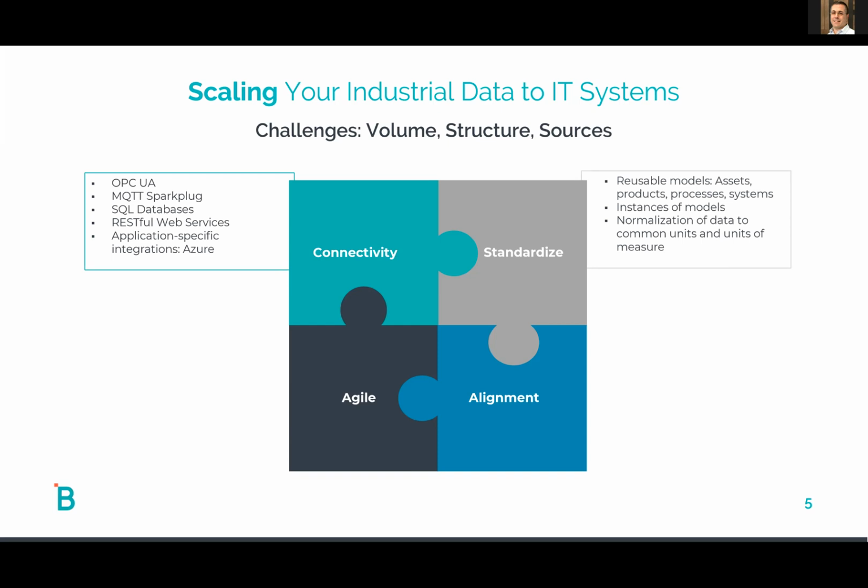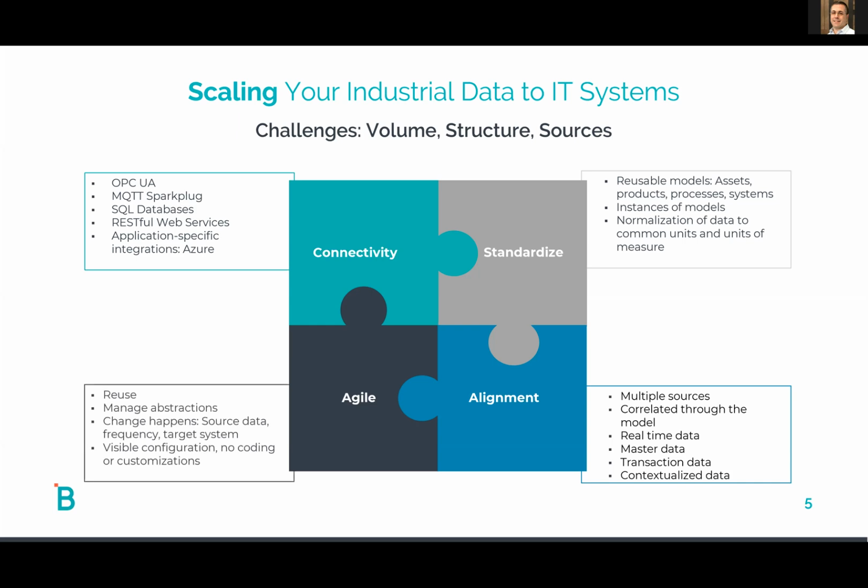We also must standardize our data through the use of models, then normalize the data to meet those standards. Data must be aligned, assembling it into information models from multiple sources, correlated to a use case, pulling real-time master data, transactional data, and even contextual data all together into a single information object.